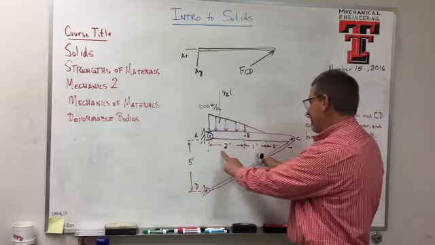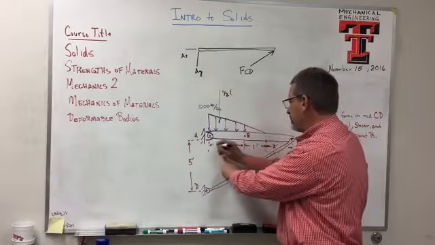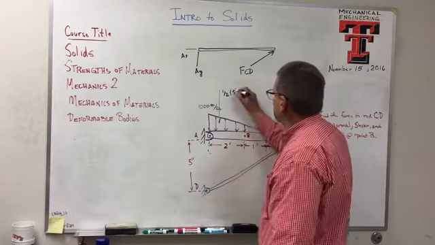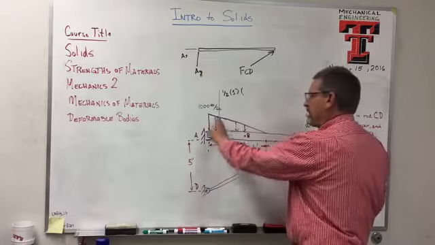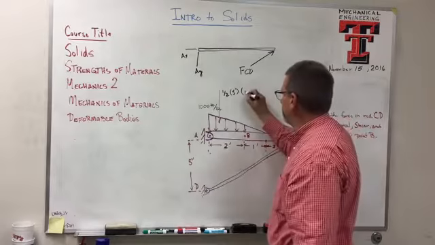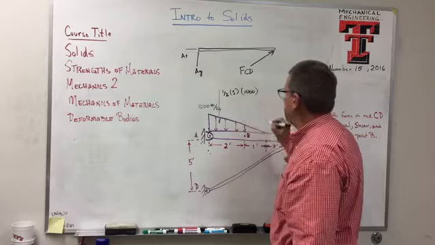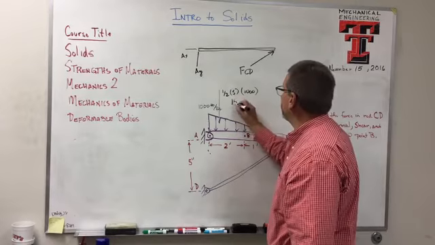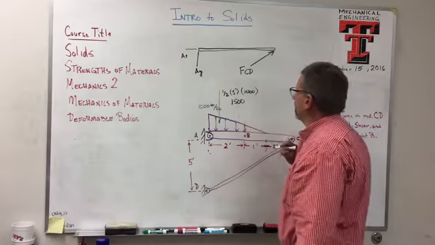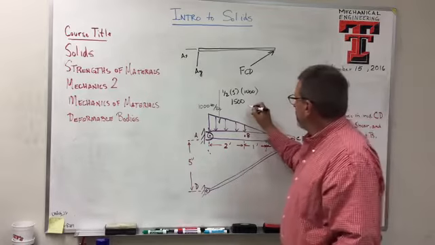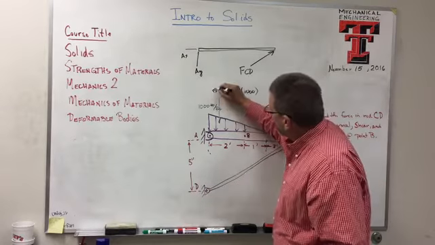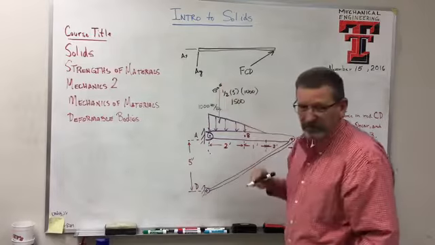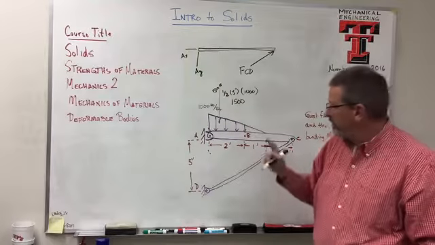The base is 3, right? From there to there is 3 times the height, which is 1,000. Okay, so what is that? 500 times 3 is 1,500, right? So this is 1,500, and where do we put the 1,500 on a distributed load?